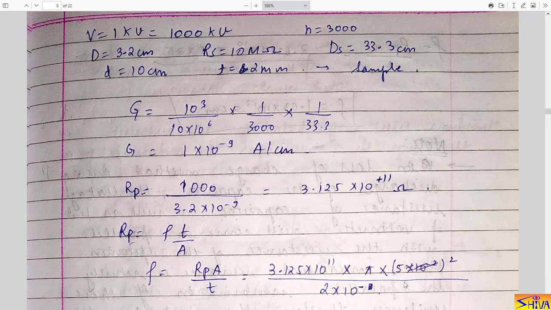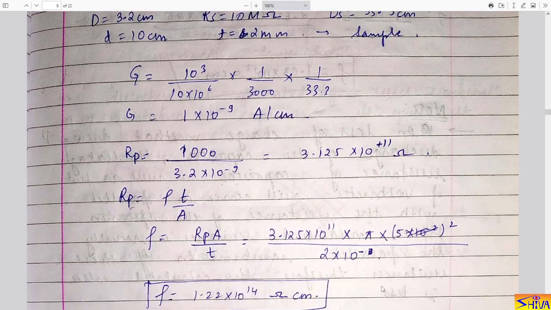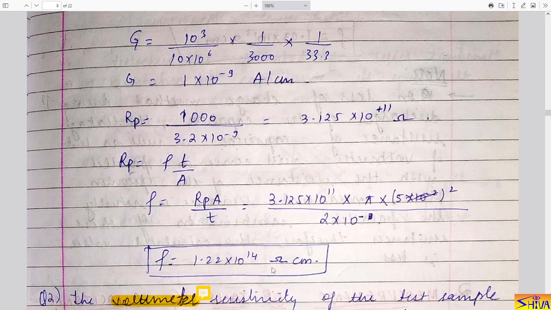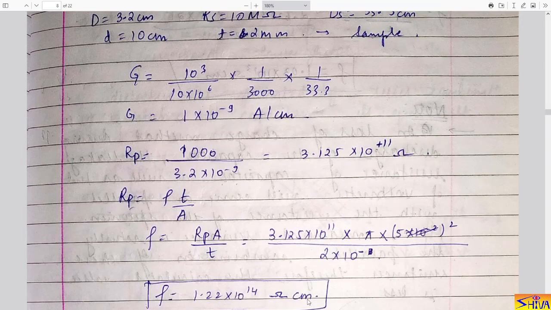Here we have to take everything in centimeter, so it is 2 into 10 to the power minus 1. So we are getting volume resistivity 1.22 into 10 to the power 14 ohms centimeter. This is the unit of volume resistivity, ohms centimeter. So this is the first method.